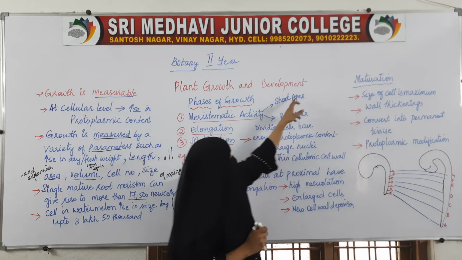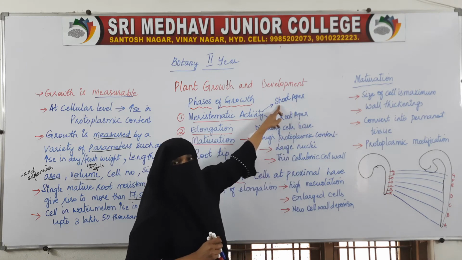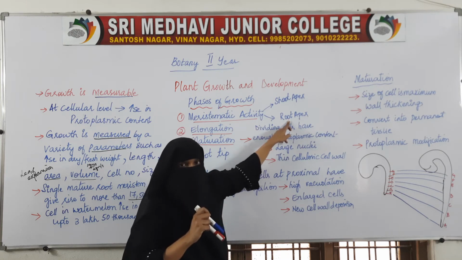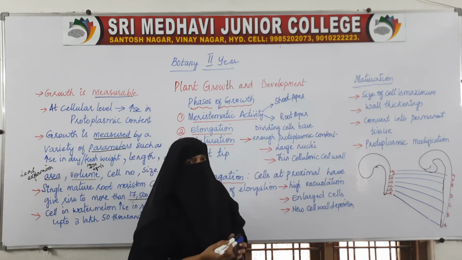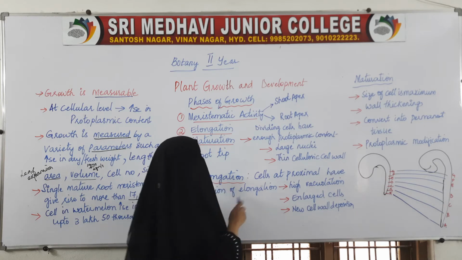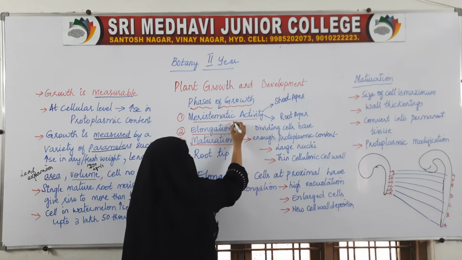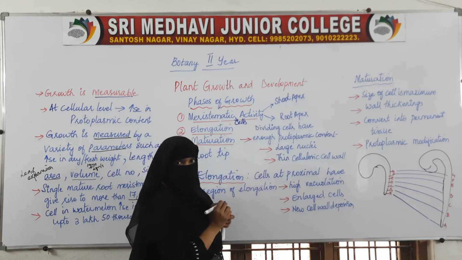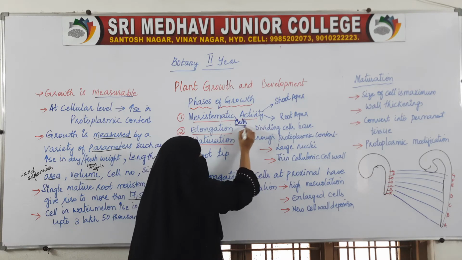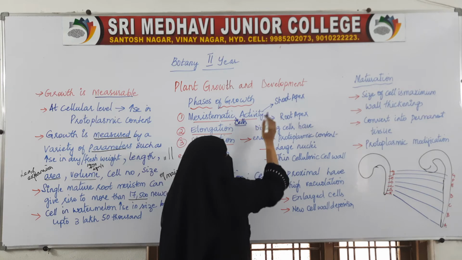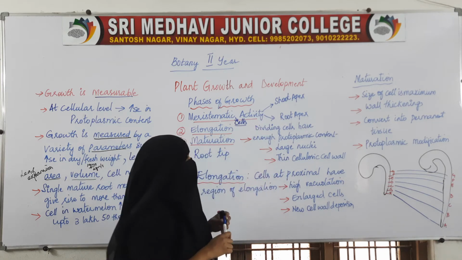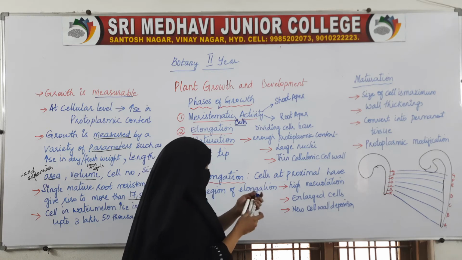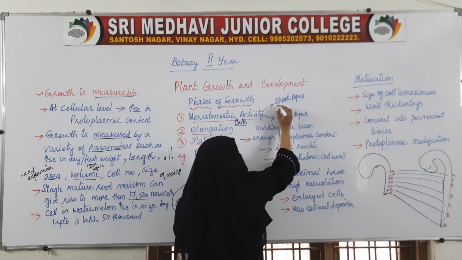These cells are present at the shoot tip and the root tip, the top region of the root and the top region of the shoot. Meristematic cells are present at two regions: the tip of the root and the tip of the shoot.